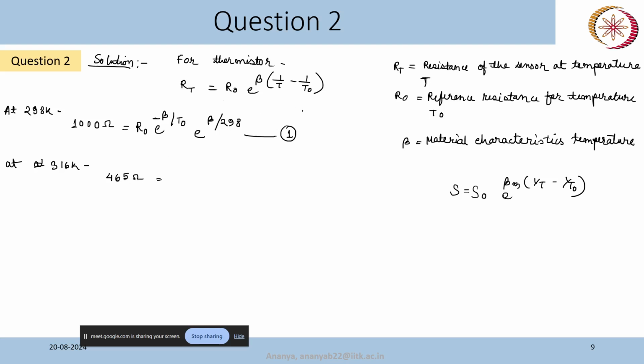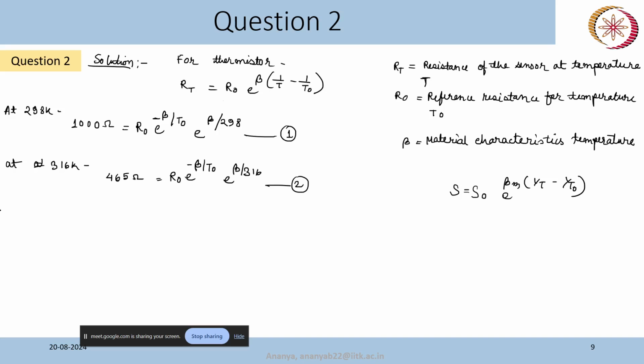Let's keep this part the same because we can cancel it later: R naught exponential minus beta by T naught, exponential beta by 316. R naught is our constant, that is the resistance at temperature T naught, that is also constant, and beta is already a constant, material specific.